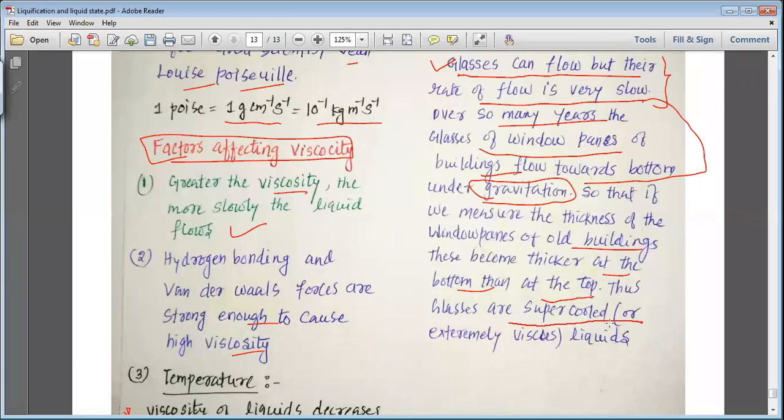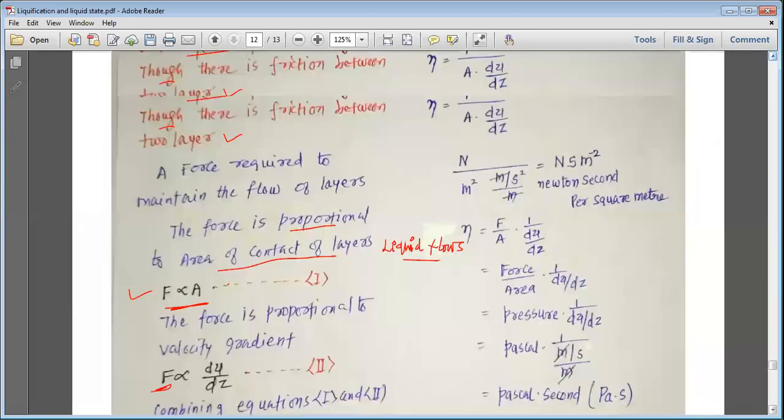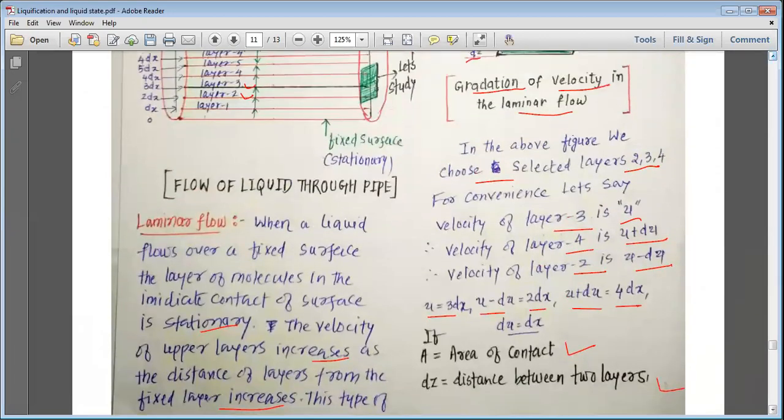Thus glasses are supercooled liquids or extremely viscous liquids. So my dear students, please remember that glass can flow, and that is why it is a liquid. Over a long period of time, it flows under gravity towards the bottom, and that is why the glasses of the window panes in old buildings are thicker at the bottom as compared to the top.